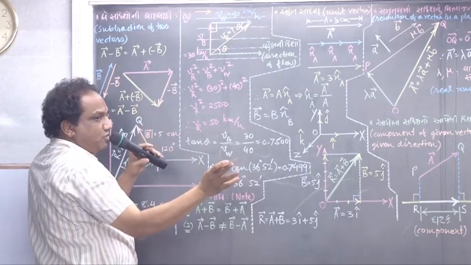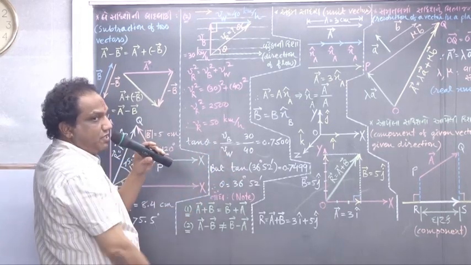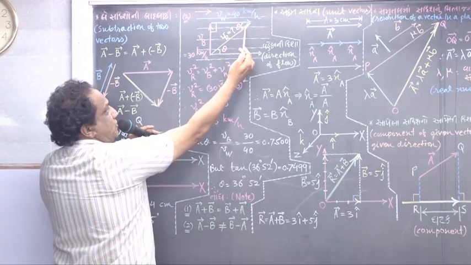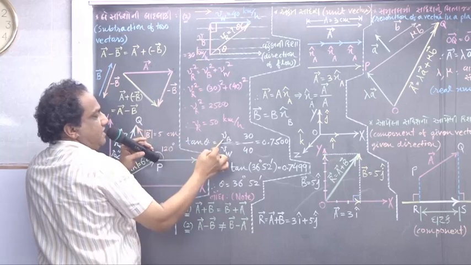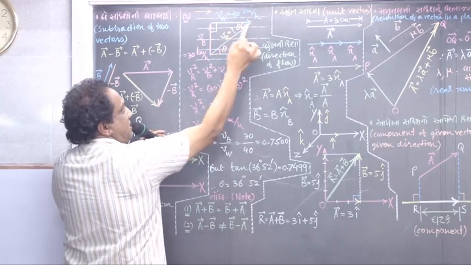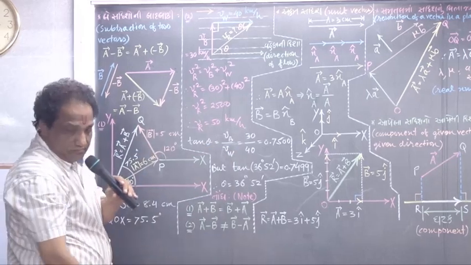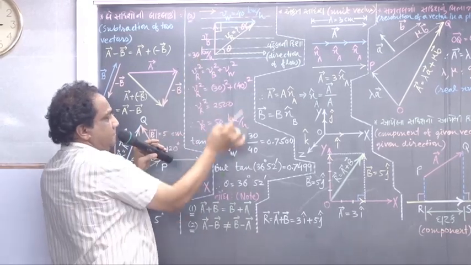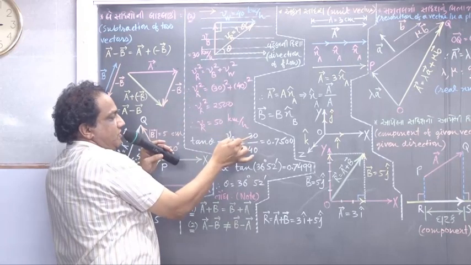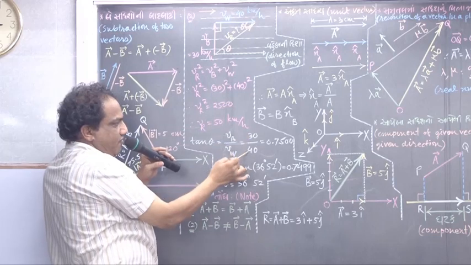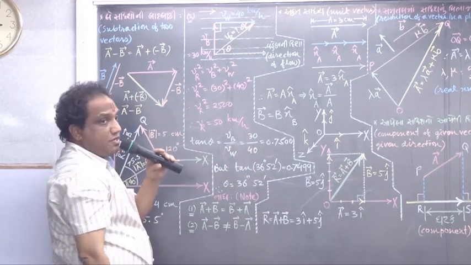Tan theta is opposite to theta divided by adjacent to theta. Opposite is VB, adjacent is VW. So VB upon VW. What is VB? 30. What is VW? 40. 30 upon 40, getting 3 by 4, is 0.75.